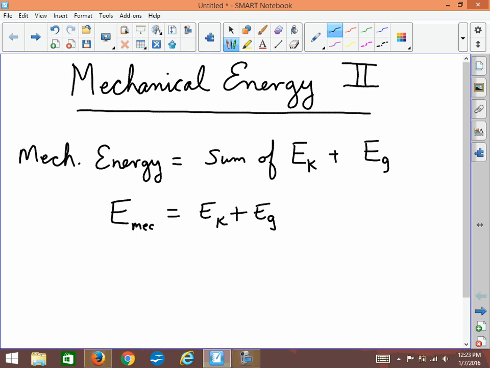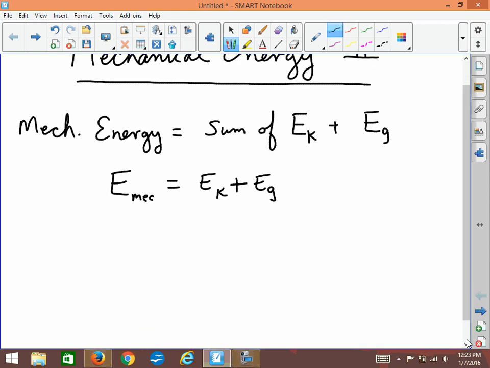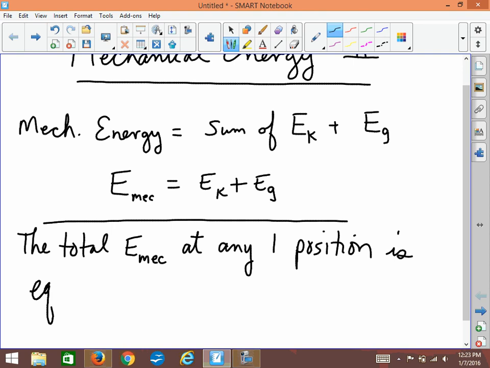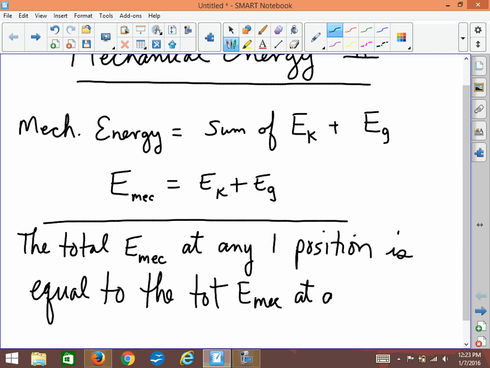And the other important thing that we have to remember is that the total mechanical energy at any one position is equal to the total mechanical energy at any other position.